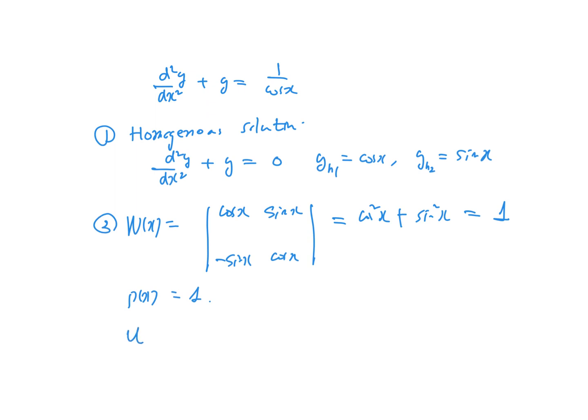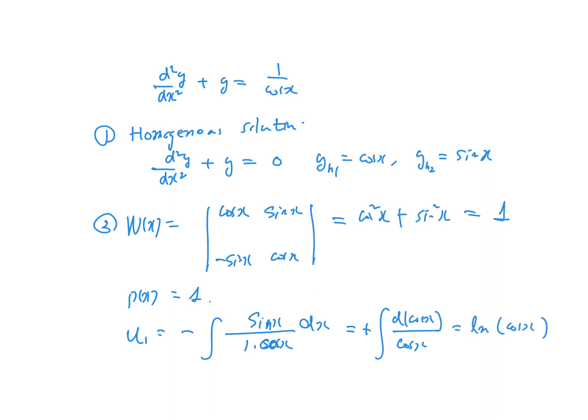So u1 is actually minus the integral of sine x over cosine x dx, right? So this is the same as minus cosine x, d cosine x. So it's ln cosine x, right?